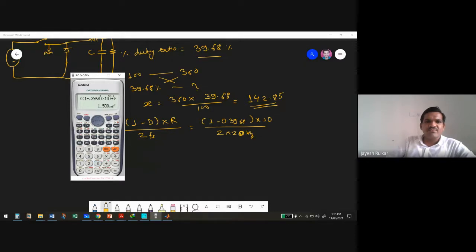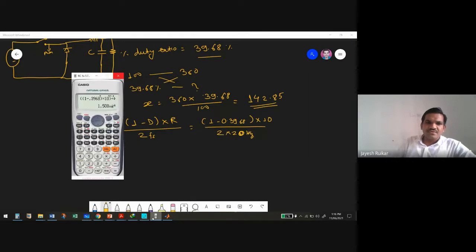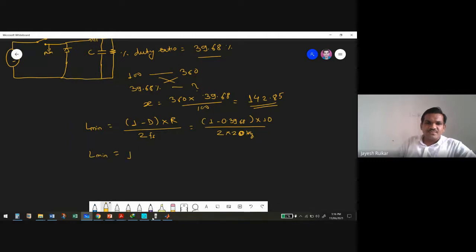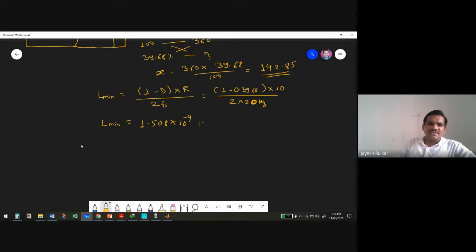So it's like 1.508 into 10 to the power minus 4. This is your L minimum, or you can say inductor value, and it is in terms of Henry, L minimum.